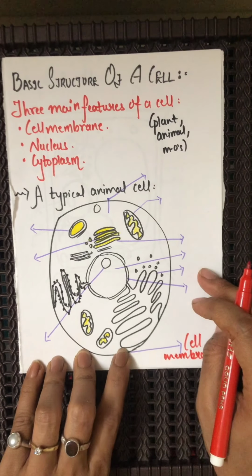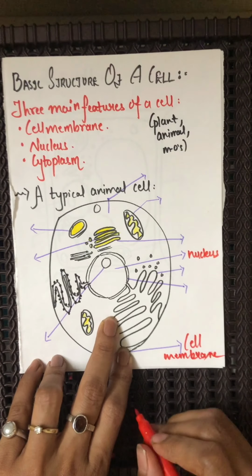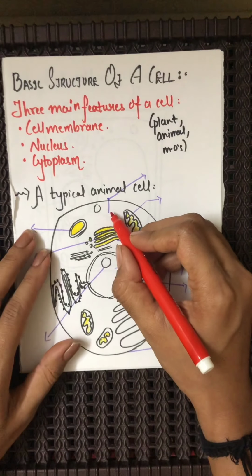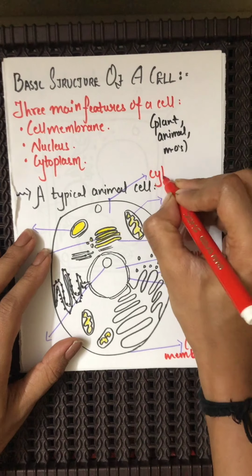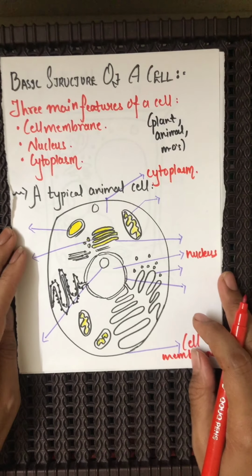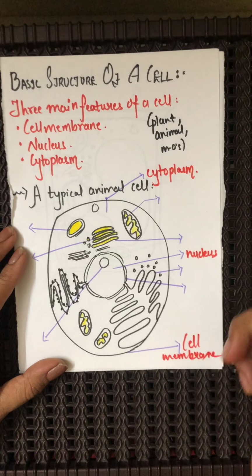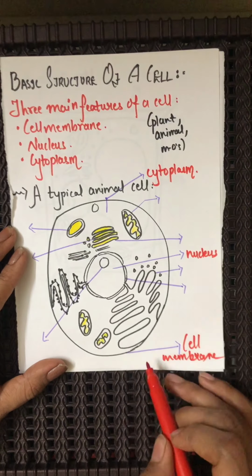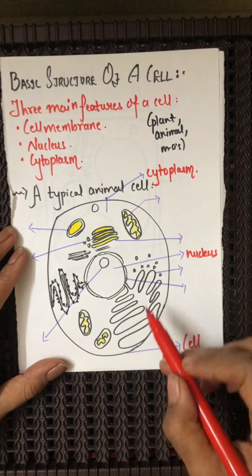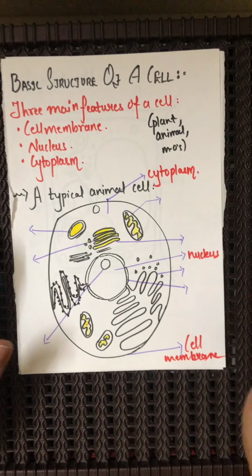The next thing which is common to all the cells is the nucleus and the fluid content of the cell, that is nothing but the cytoplasm. Now you can see that besides these three basic features of any cell, that is cell membrane, the nucleus and the cytoplasm, inside the cytoplasm there are various cell organelles which are going to perform the different activities of a cell.